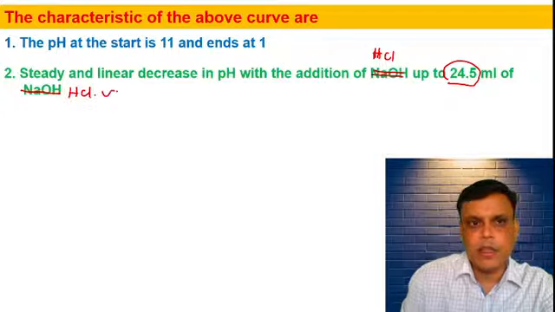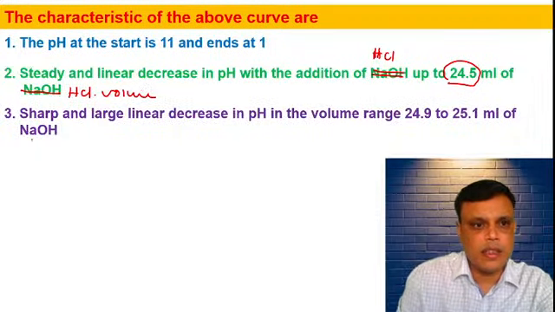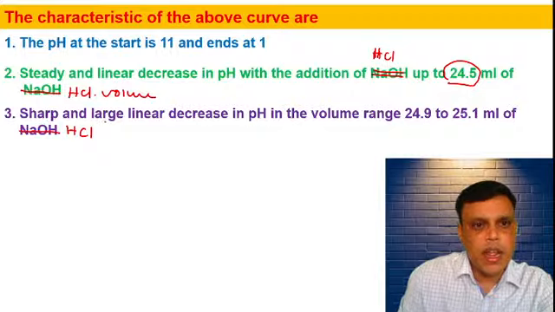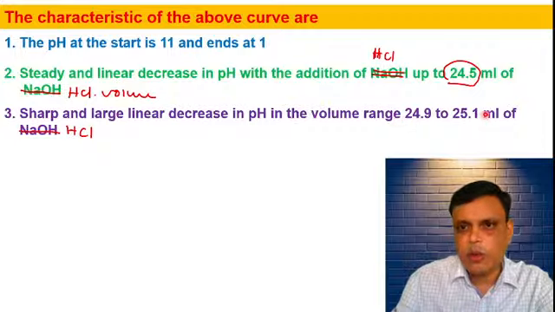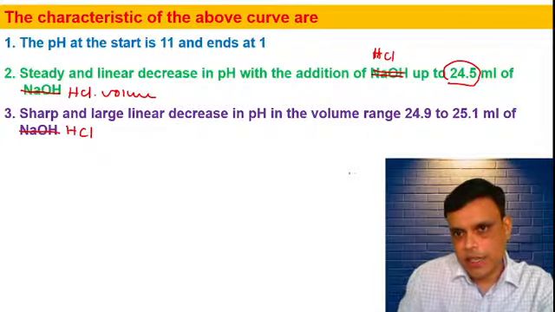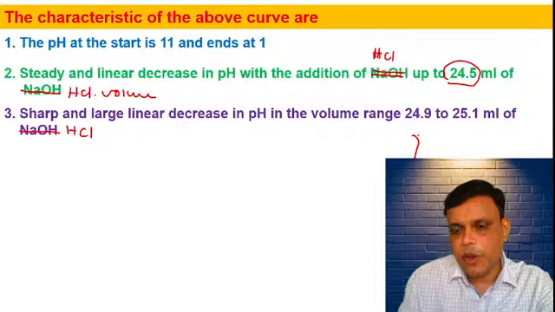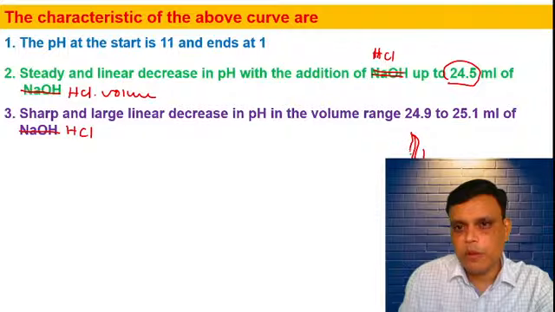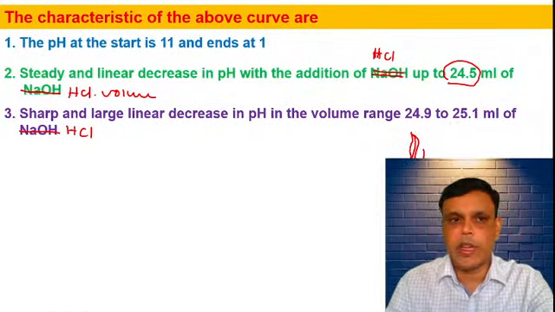Then the next characteristic, there is a sharp and large decrease in the pH in the volume range 24.9 to 25.1 ml of HCl. This decrease takes place from 24.9 to 25.1 ml.